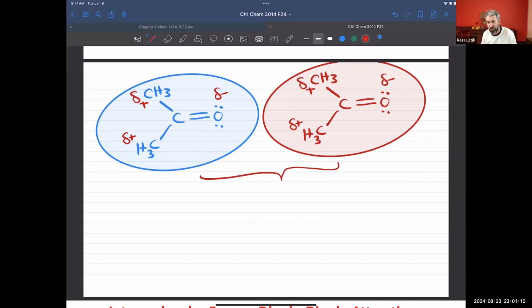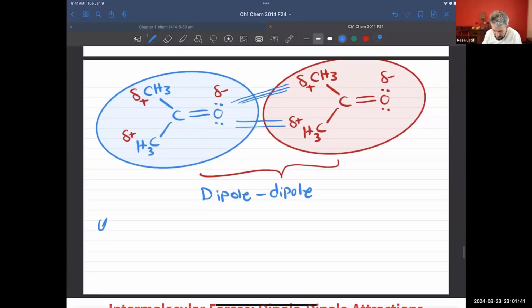That attractive force we call dipole-dipole interaction, because we have permanent positive and negative charges. So the new interaction that we get between them is the dipole-dipole interaction.